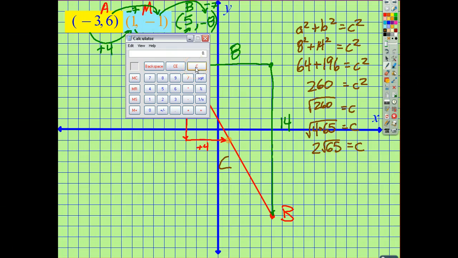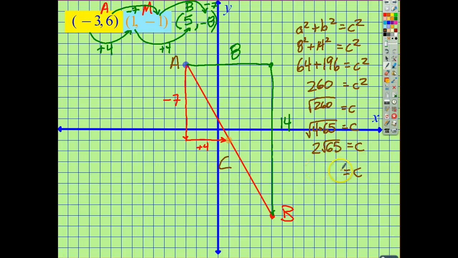We'll do 65 square root times 2 equals, there we go, 16.1. So C is equal to about 16.1 units. Okay, and there you have it.